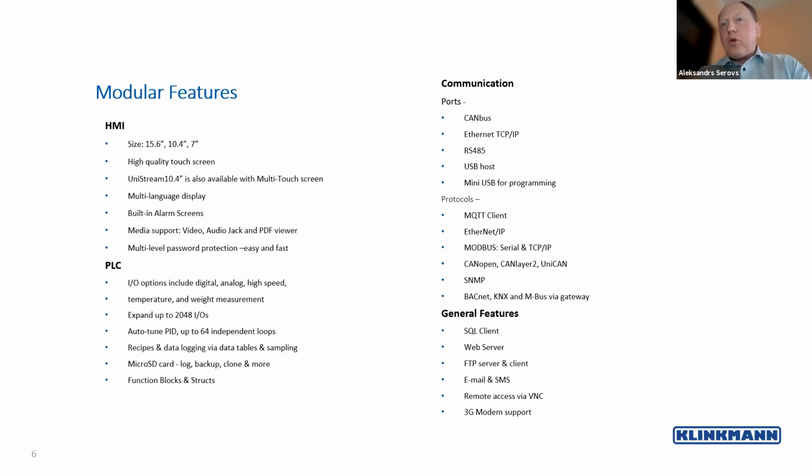Very many different protocols available for communications. As example, standard, it's Ethernet or IP, different kind of Modbus protocols, BACnet possibility or KNX. It's possible via different additional modules. Very interesting now, UniStream supports MQTT protocol, so it could be used.